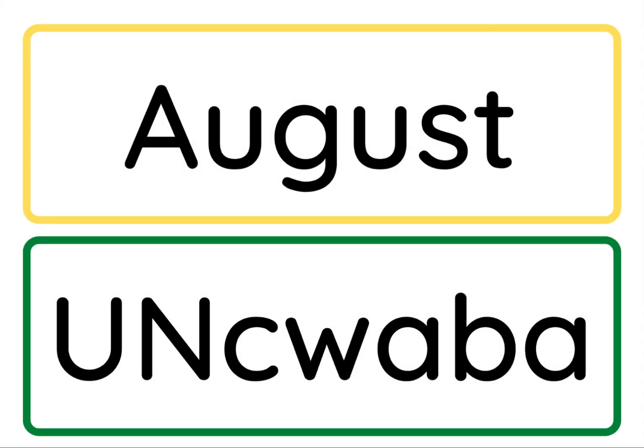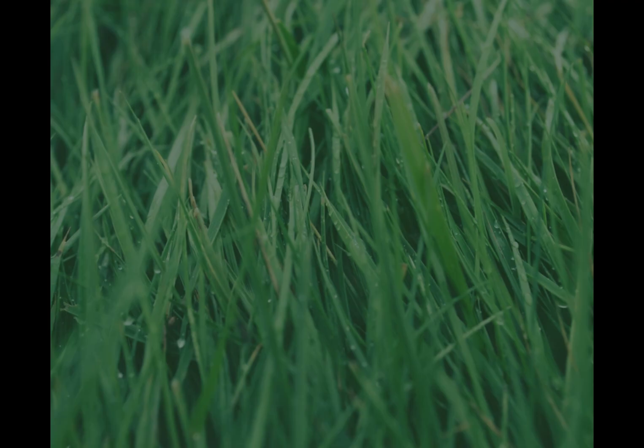August is Uncwaba, which means glossy. During this time, there's new grass. If I remember correctly, the cows and the goats would be sent there to eat. They'll be allowed to graze there for a few weeks.